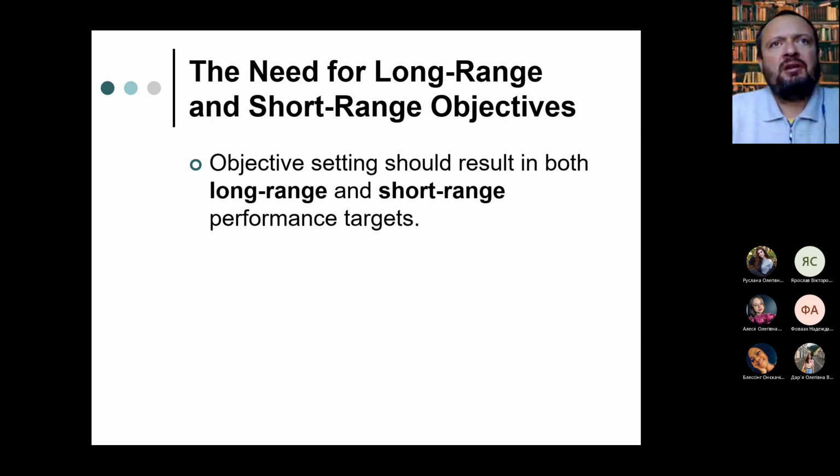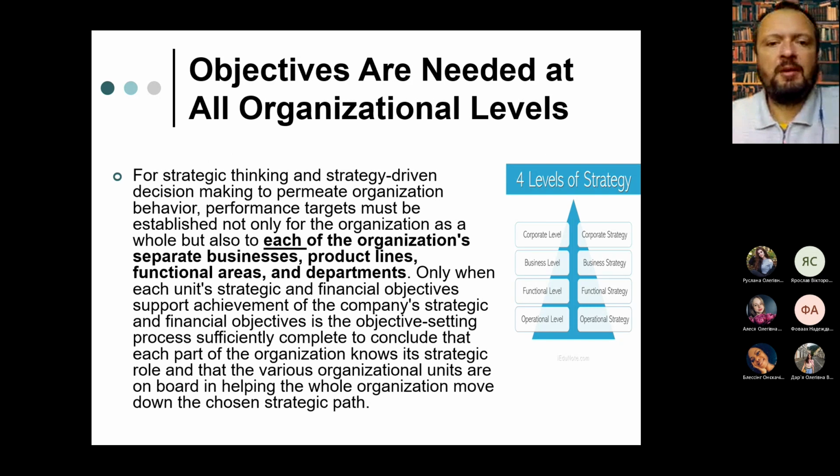And the second classification of objectives is dividing them into long-term objectives and short-term objectives. Also, objectives must be formulated at all levels of the company. You remember from our previous lecture that we have 4 levels of strategy: corporate level, business level, functional level, and operational level.